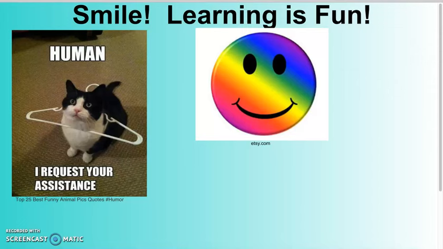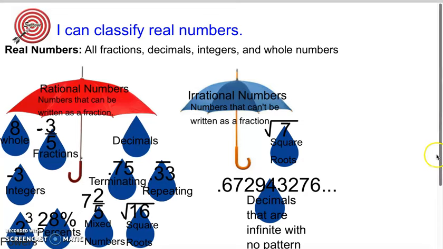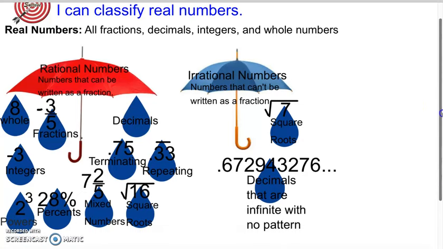You may copy all the vocab words, or you may just copy down the ones that I point out for you. Okay, so let's begin. We're going to be classifying real numbers today, and real numbers is a term that you will hear more in 7th and 8th grade. So I'm not requiring you to write it down at this moment.